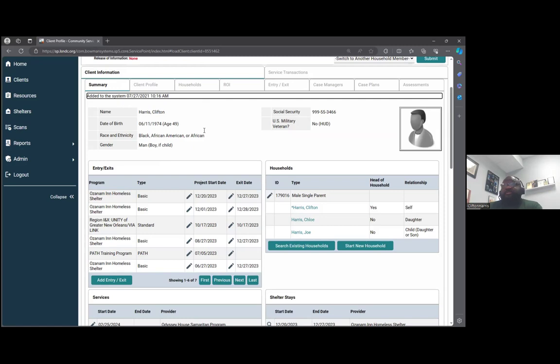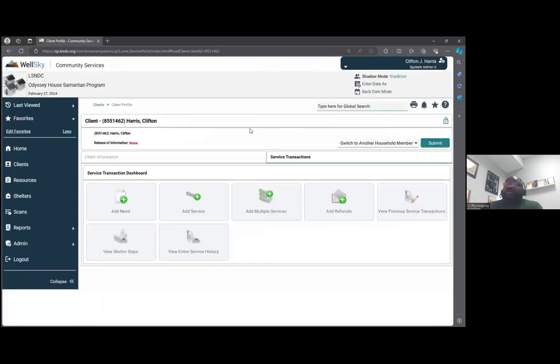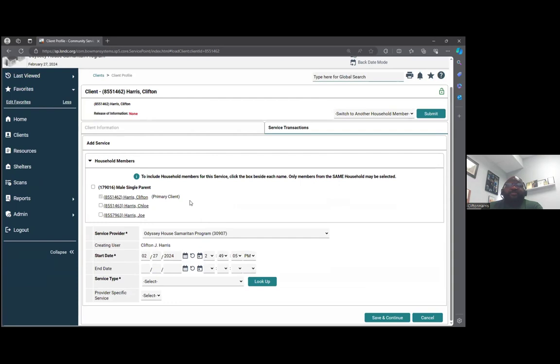a deposit. So from that client's record, we're going to go to service transactions and add a service. Now there's a moving on assistance service provided chart that I was trying to share.